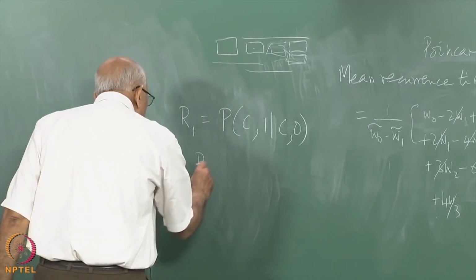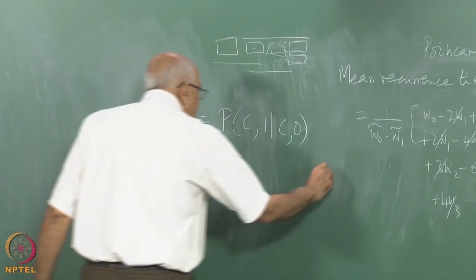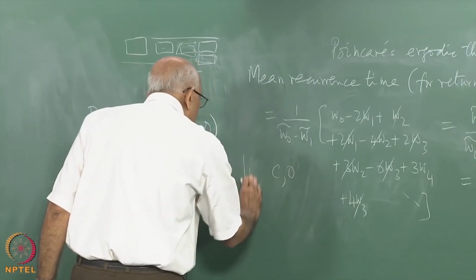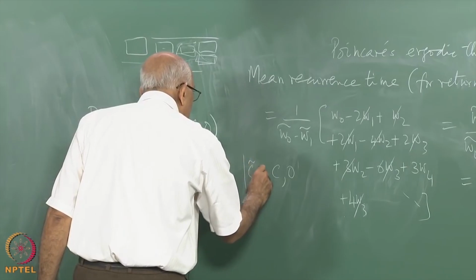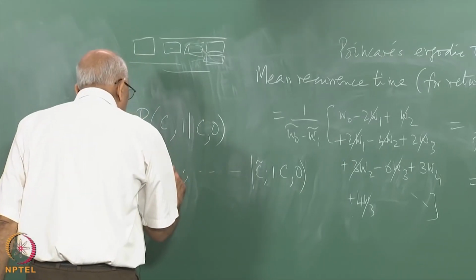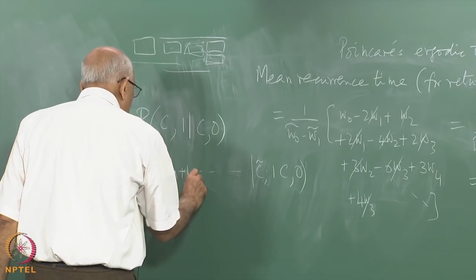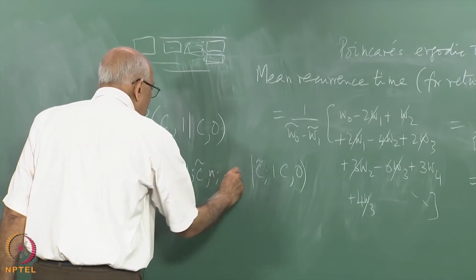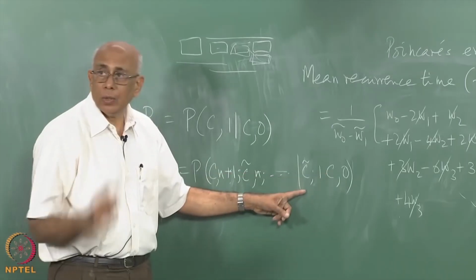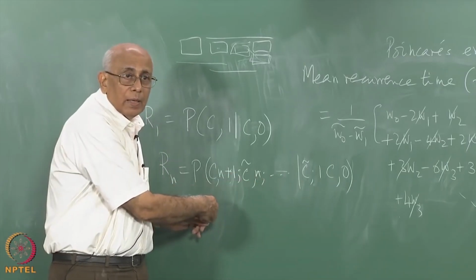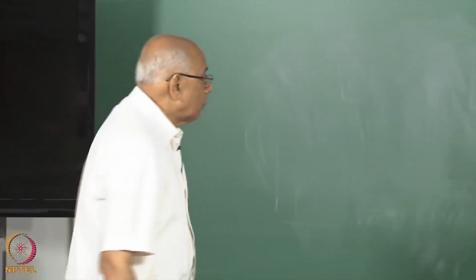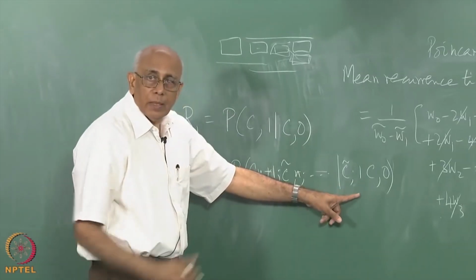So I must call Rn equal to the probability that I start at C0, I get out at C tilde 1, and I stay out and get back at C n plus 1, C tilde n, etc. Now this is a true recurrence, because you start here, you get out at 1, and then you ask, I come back at time n plus 1, so the time difference is n again, and that is R sub n. Okay.